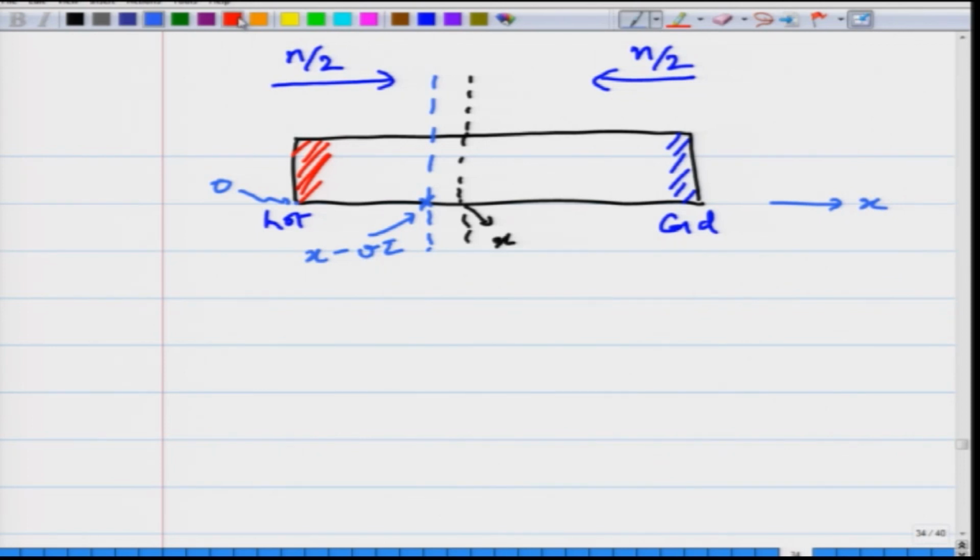This point is towards the hotter side. So, the electrons which are going to come from this end, from x minus v times tau, will be the hot electrons, and they will come from the hotter end carrying higher energy and they will reach the point x. Why have we considered x minus v times tau?